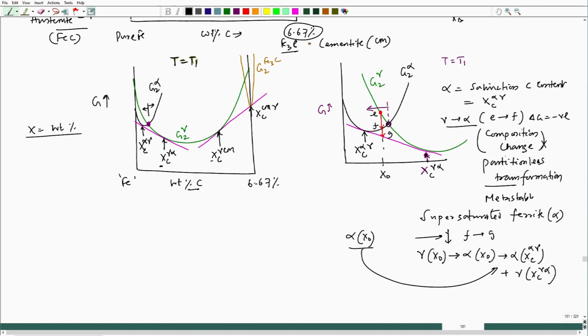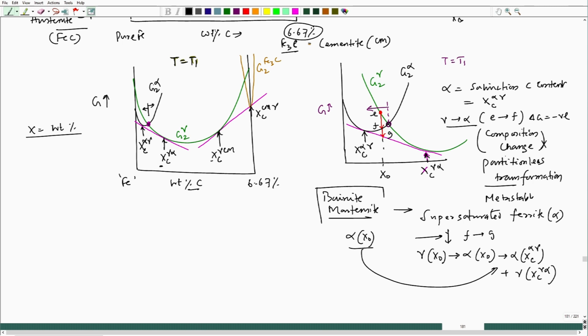Now, here we are getting the same BCC phase, but it contains more carbon when it goes from E to F, more carbon than the equilibrium carbon content in ferrite. In fact, this particular supersaturated solid solution of ferrite can have a transformation like bainite or martensite.